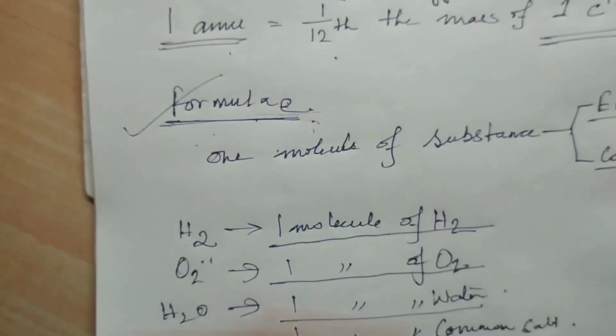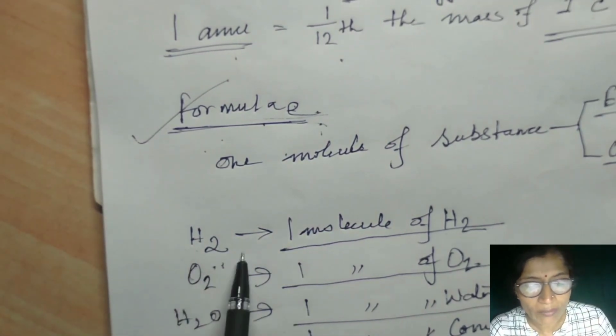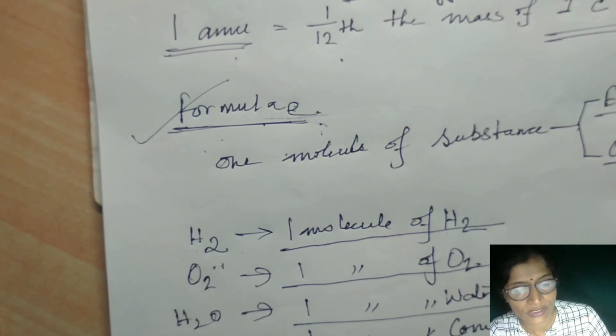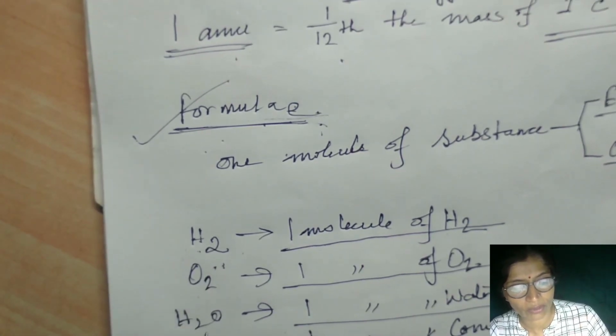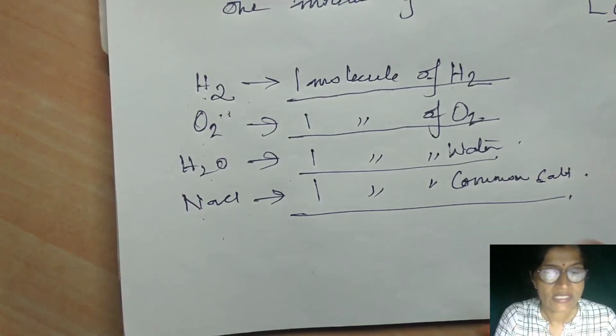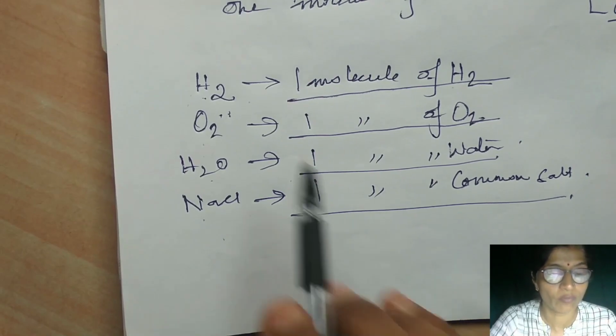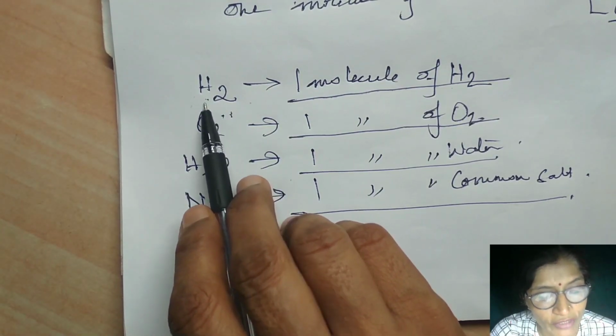Now, what is the significance of formulae? The significance of formulae is that it represents one molecule of the substance, that is one molecule of hydrogen, one molecule of oxygen, one molecule of water, and one molecule of sodium chloride. Second, it represents how many atoms of each element one molecule consists of.